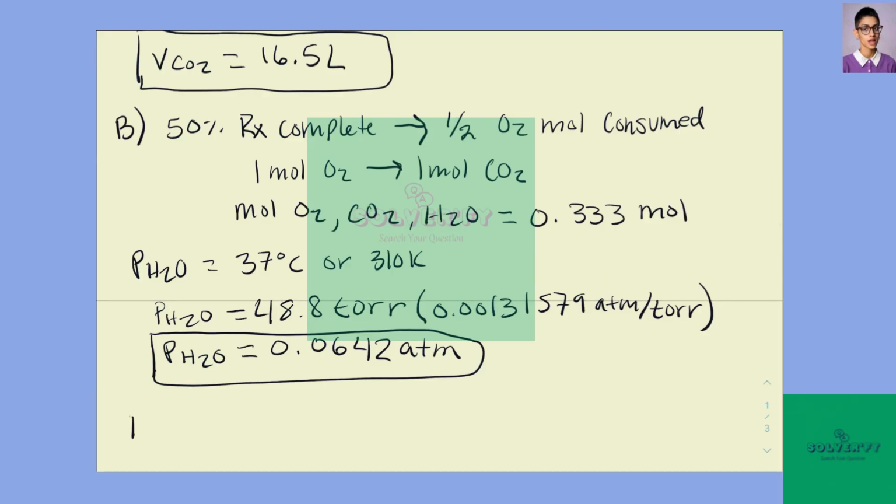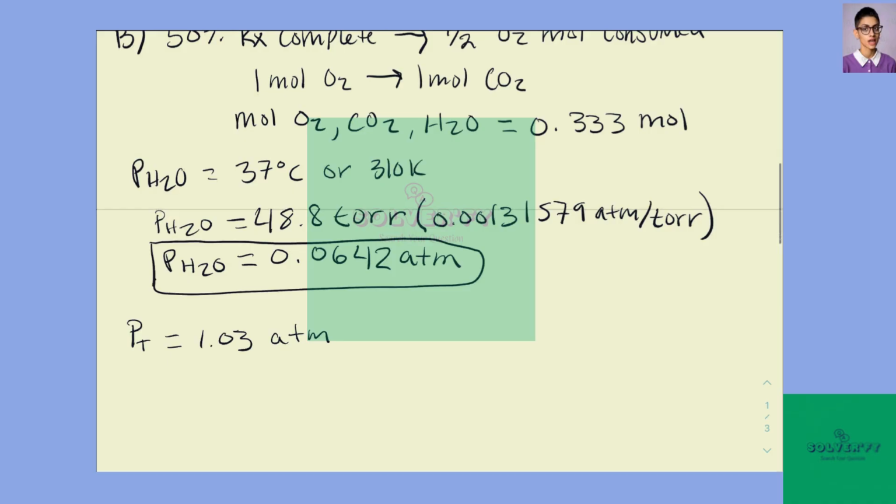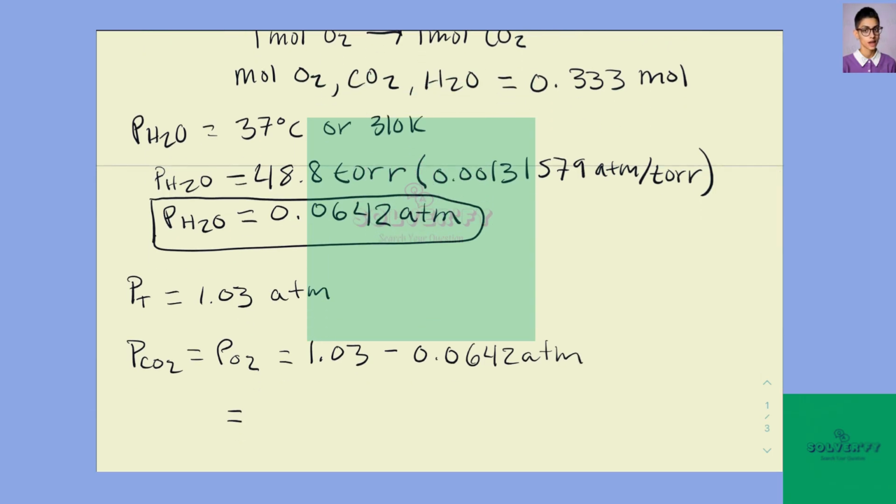And they tell us that the total pressure is equal to 1.03 atmospheres. So if we know that the partial pressure for CO2 and the partial pressure for oxygen are equal because they have the same number of moles, we can say that the total pressure minus the partial pressure of water is equal to double the pressure for CO2 and oxygen.